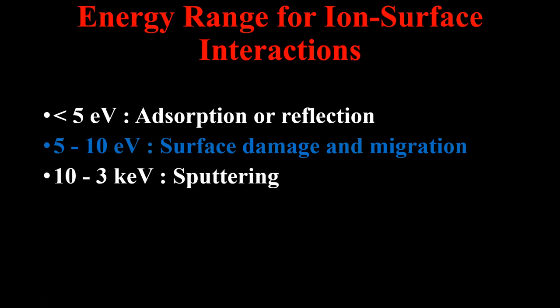If the energy of the bombardment ion is in the range of 10 electron volts to 3 kilo electron volts, it can basically knock out atoms in the source material and remove them, causing sputtering. If the energy is greater than that, with this higher energy the bombardment incident ion results in a physical phenomenon known as ion implantation.